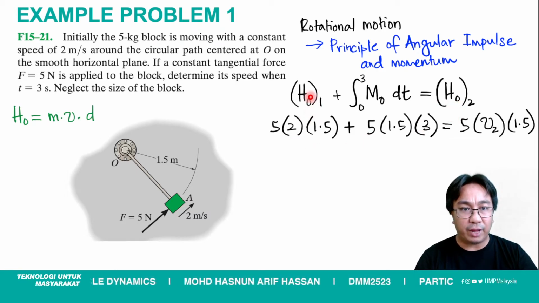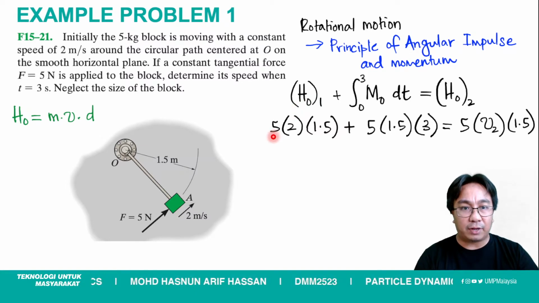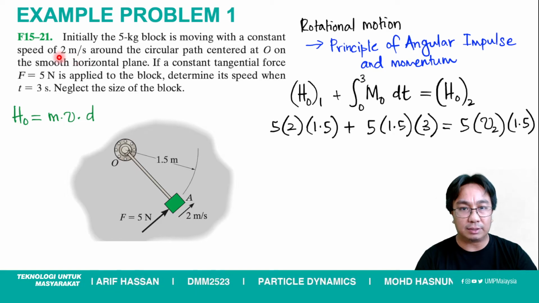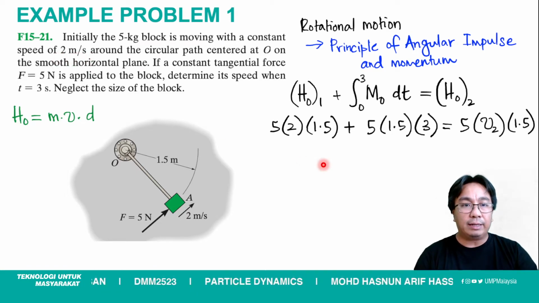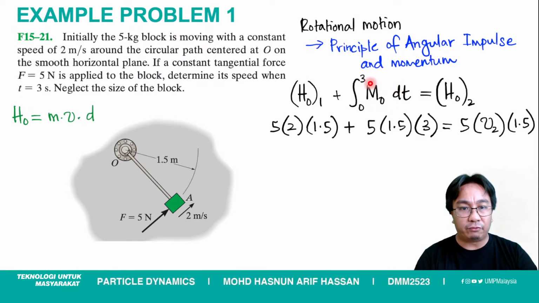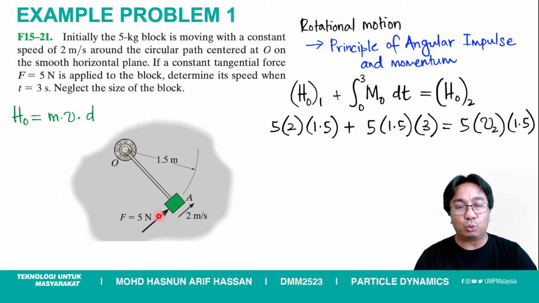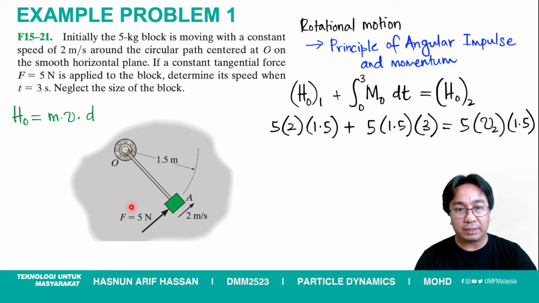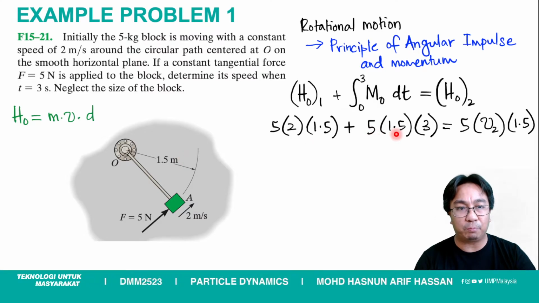So here we have mvd. M is 5 kg, v is 2 meters per second, the initial speed given in the problem, and d is 1.5. As for the moment, we have a force here, 5 Newton. To convert this force into a moment of force, you have to multiply by the distance 1.5. Therefore, 5 times 1.5.